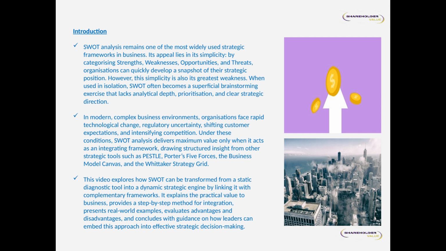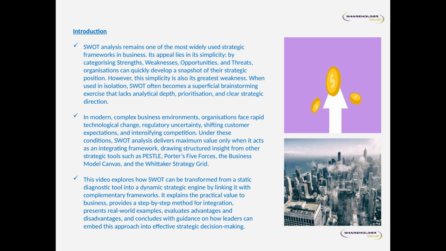Today's business world is complex, with fast-changing technology, unpredictable regulations, evolving customer needs, and tougher competition. In this environment, SWOT works best when it's combined with other strategic tools like PESTLE, Porter's 5 Forces, and the business model Canvas. By linking these tools together, SWOT shifts from a static checklist into a dynamic framework that drives thoughtful decision-making.